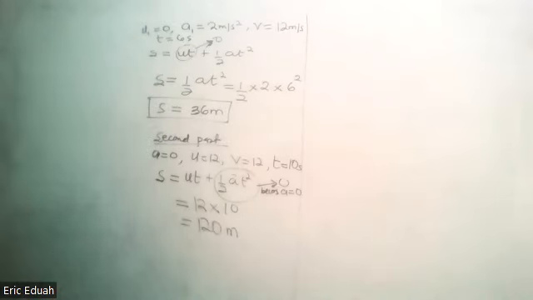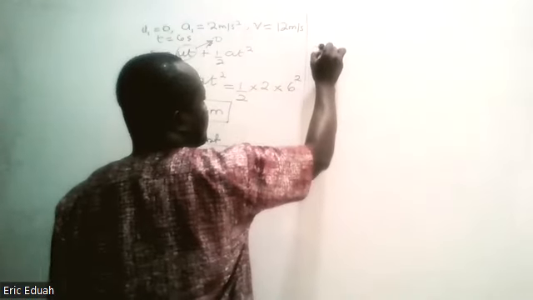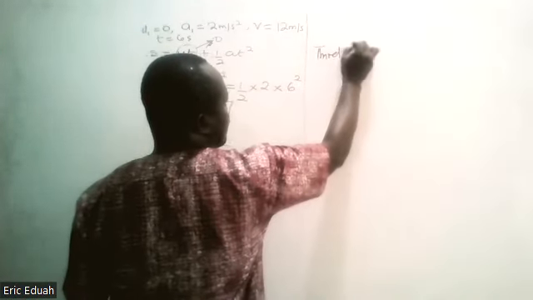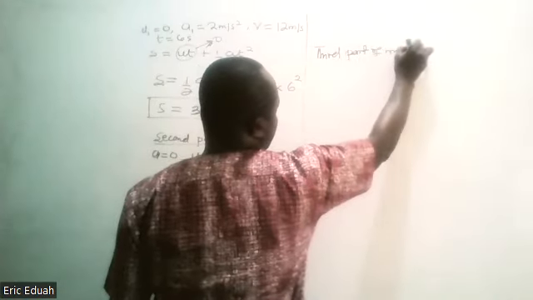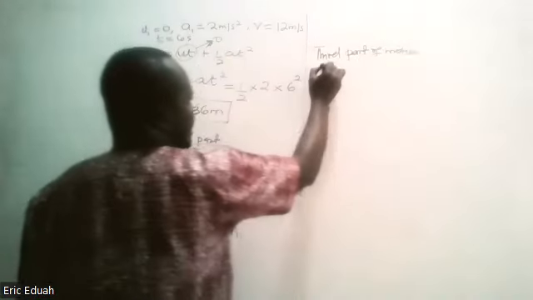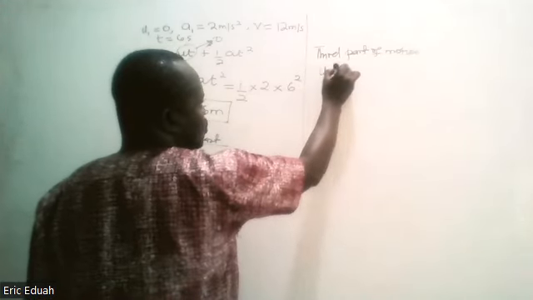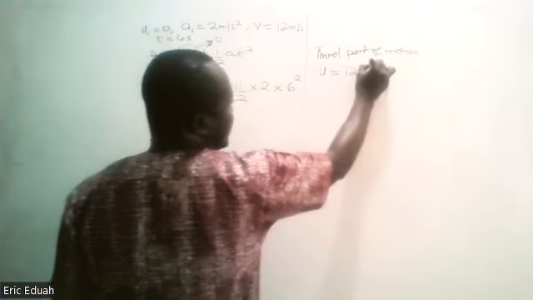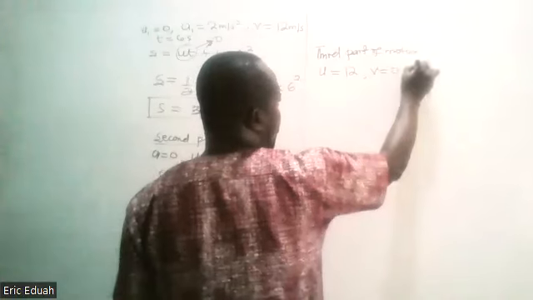Okay, so let's look at the third part of the motion. In the third part of motion, u is equal to 12, v is equal to 0, t is equal to 4.